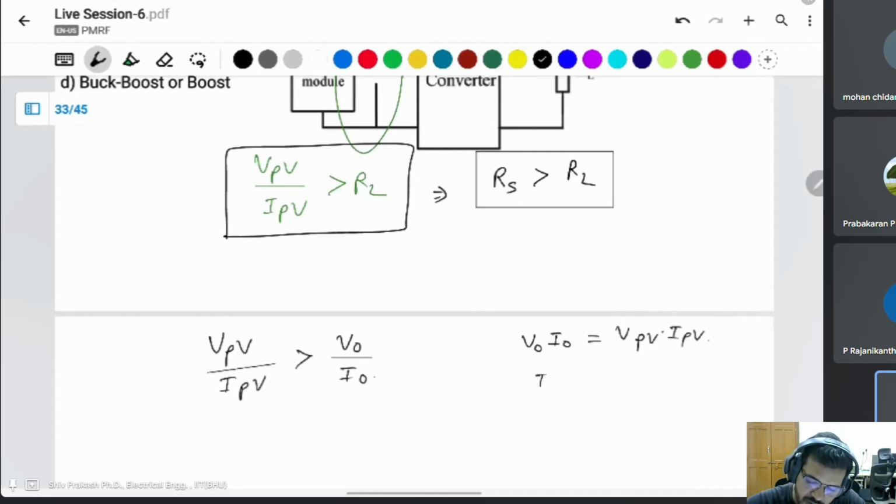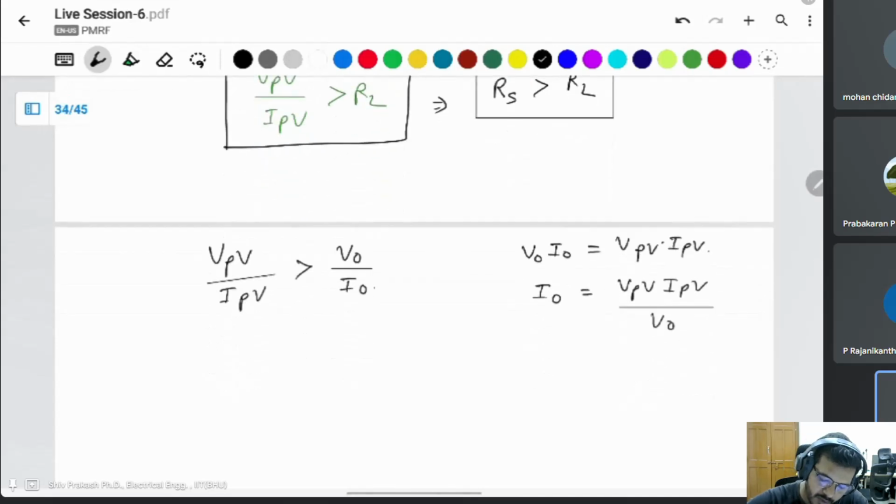What is the I output? You can say this will be VPV times IPV divided by V naught. Applying here, VPV divided by IPV will be greater than V naught divided by VPV times IPV divided by V naught.